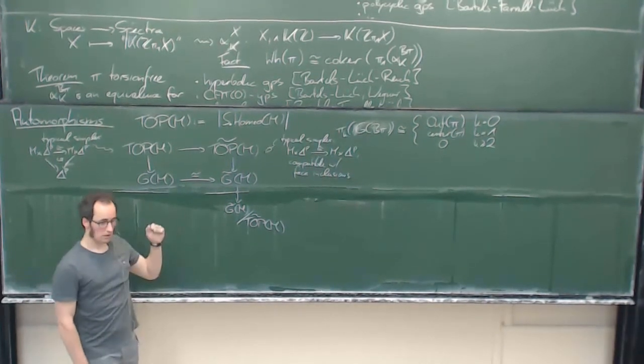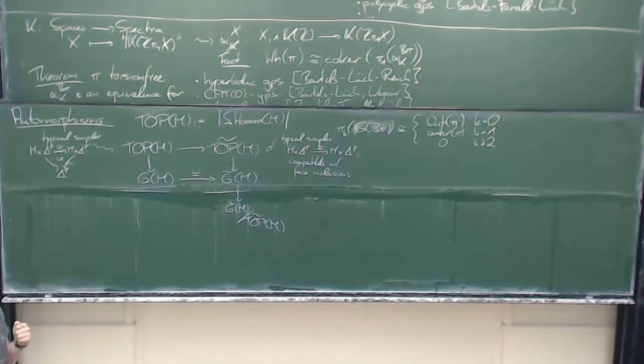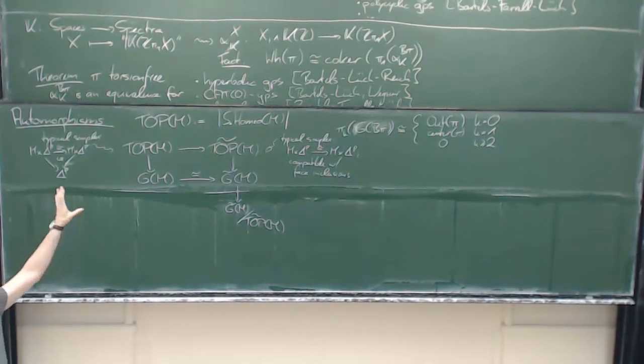So you haven't discussed whether these are all connected spectra or not. You're verging on that right now. So those are in fact only spaces. And they are not infinite loop spaces. But there's a pi minus 1 issue here. Pi 0 of top to pi 0 of G to what?